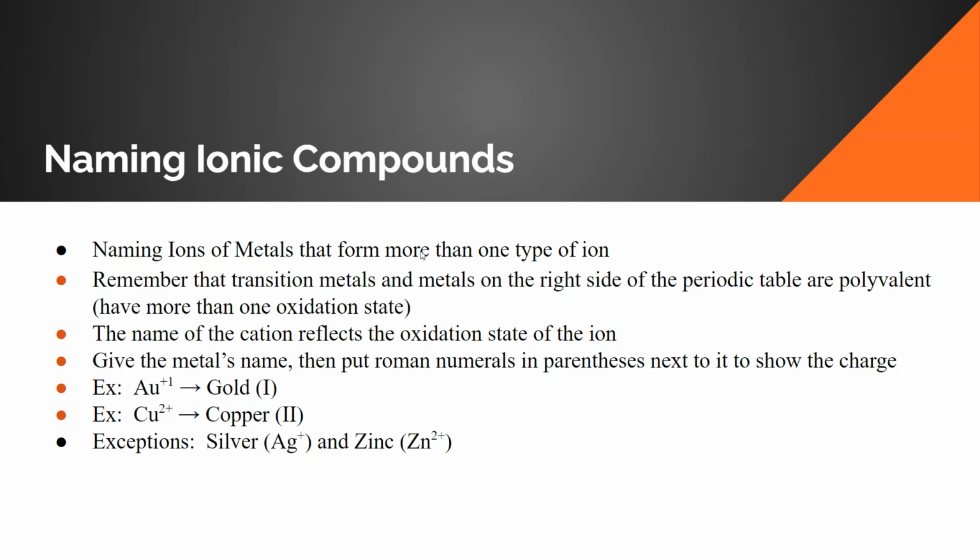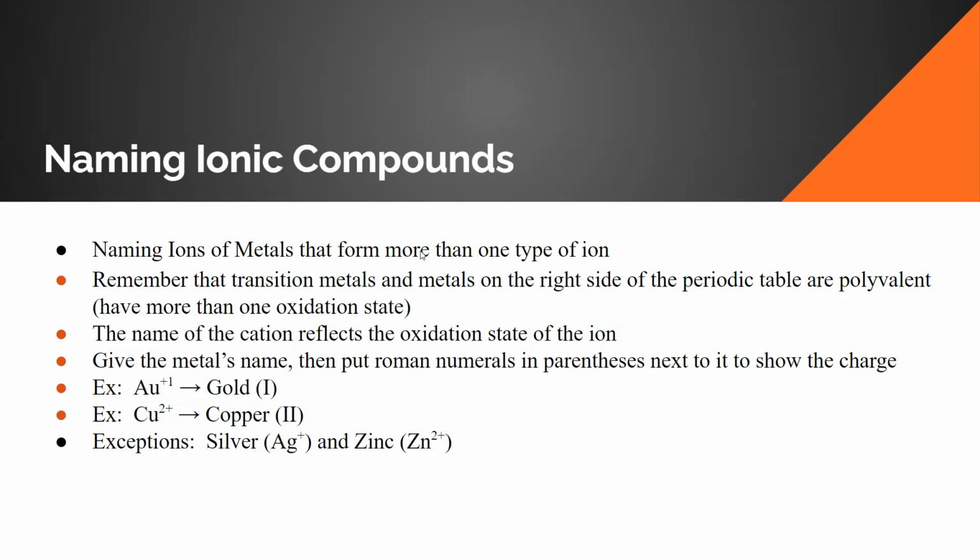Now, with the transition metal cations and the metals that are on the right side of the periodic table, like especially tin and lead in group 14, they have more than one oxidation state. And so their name includes a Roman numeral that shows the oxidation state or charge that they used when they bonded.